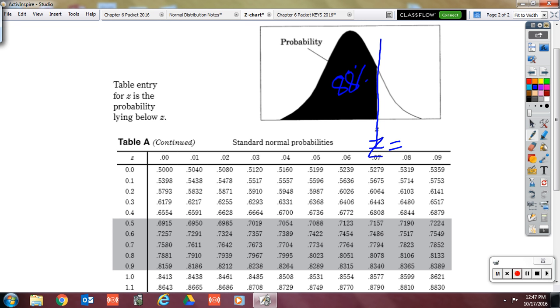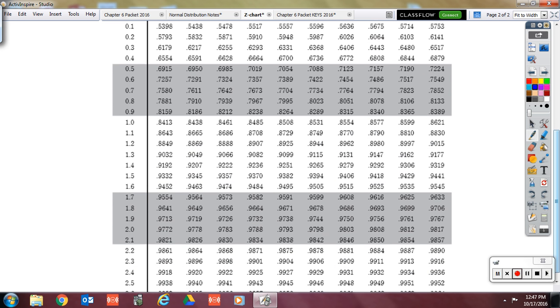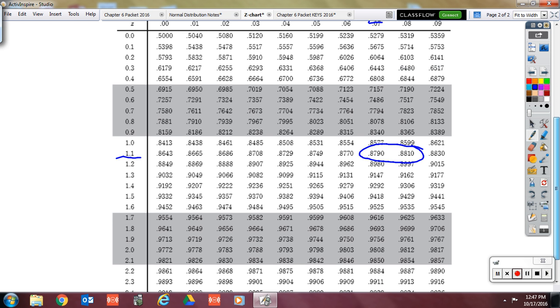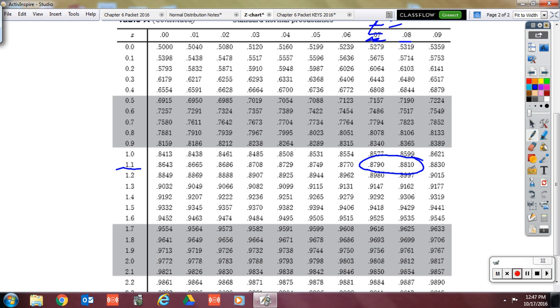Percentile is the area below. Either one of those is equally good. So you could pick 1.17 or 1.18. Okay, either one of those is fine. I'm going to be honest with you.